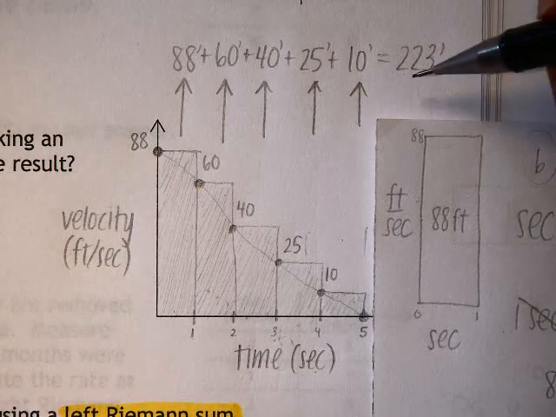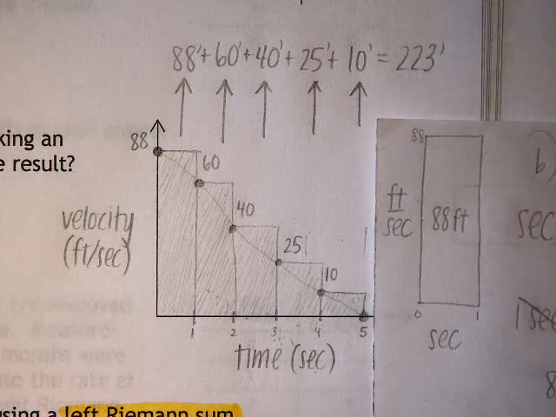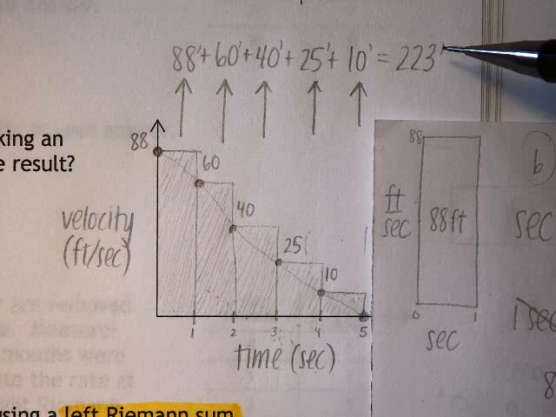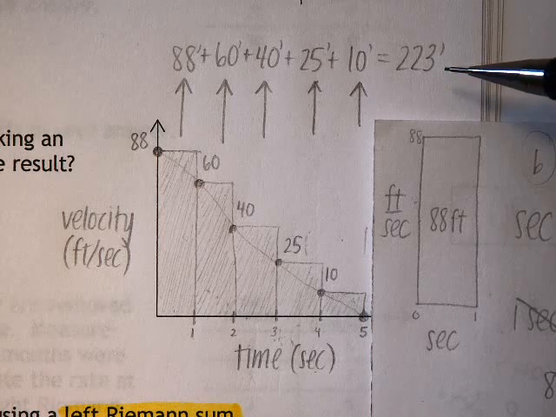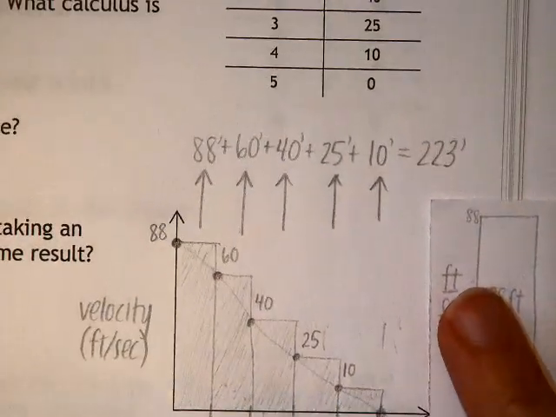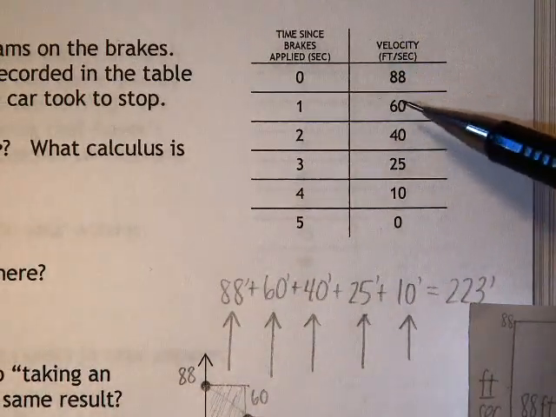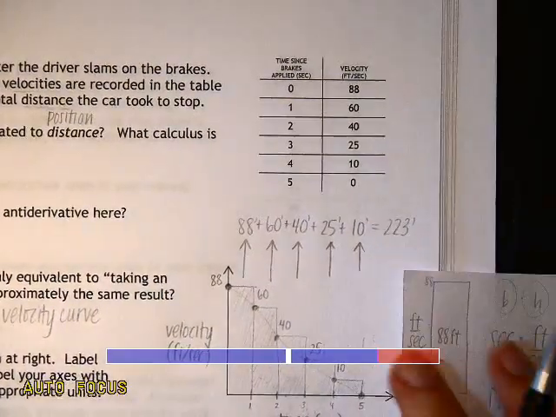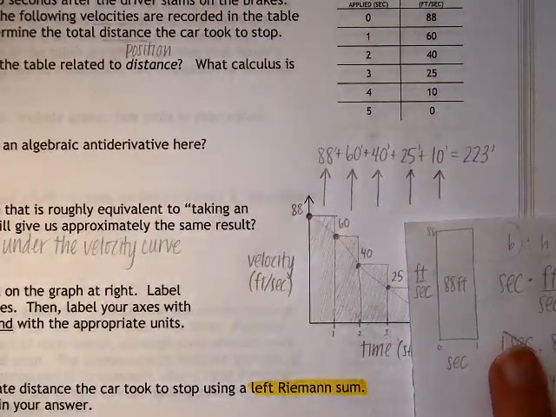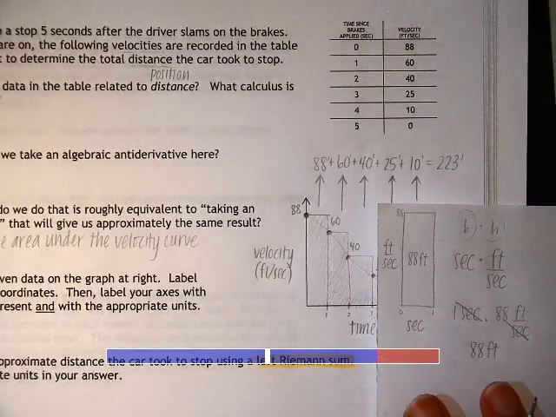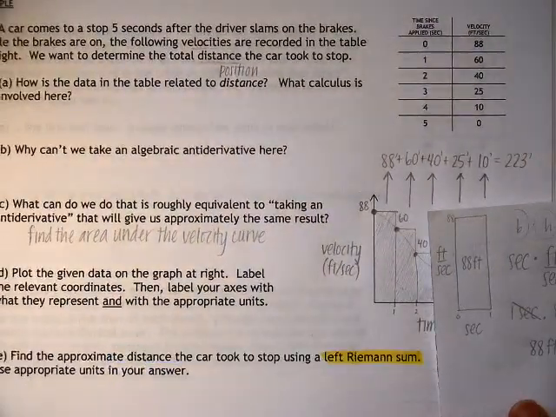And when you actually think about it, it's almost uncanny that by simply finding a regular old area, we're actually doing something that sounds practically like a physics problem. We're figuring out how far we went, and all we knew was how fast we were going. So that, to me, is the most fascinating connection between these antiderivatives, which from a calculus standpoint aren't really that interesting, and the areas that they represent.